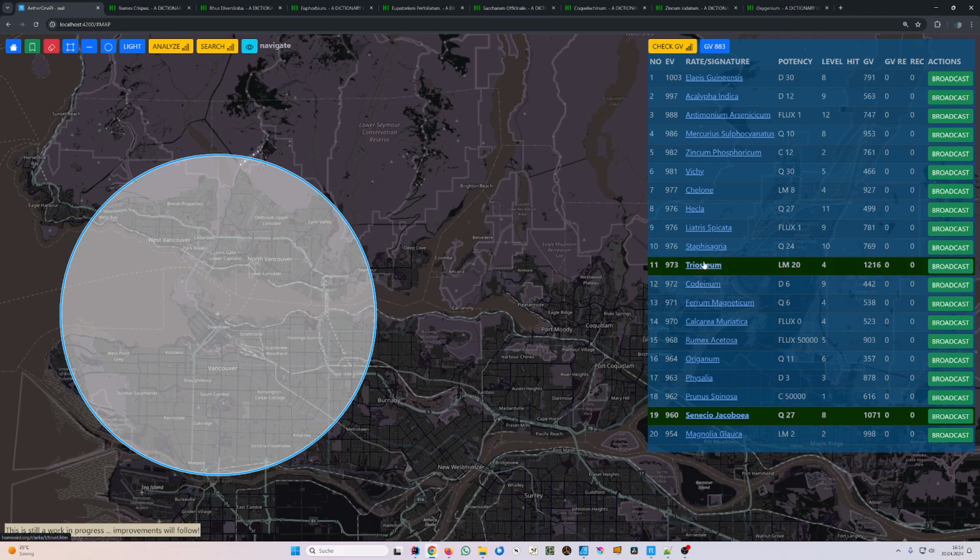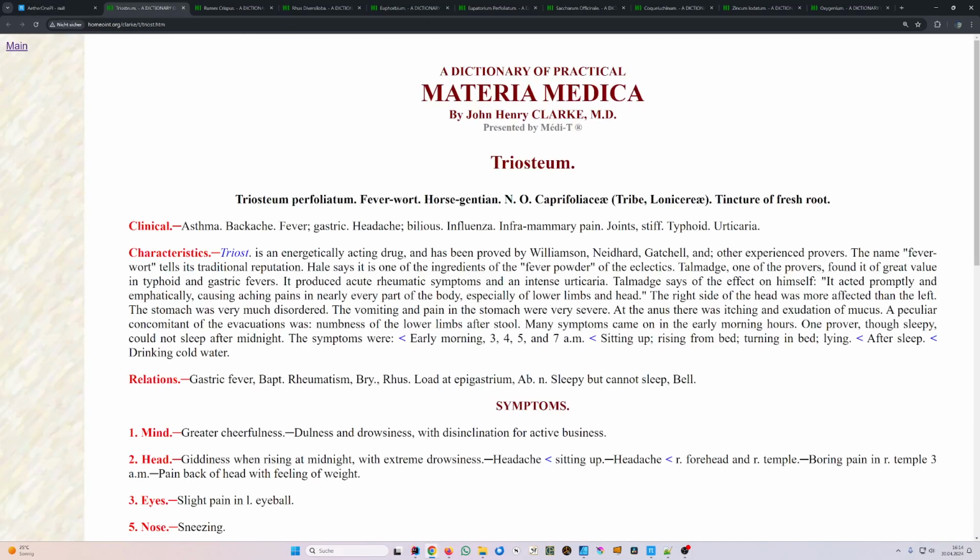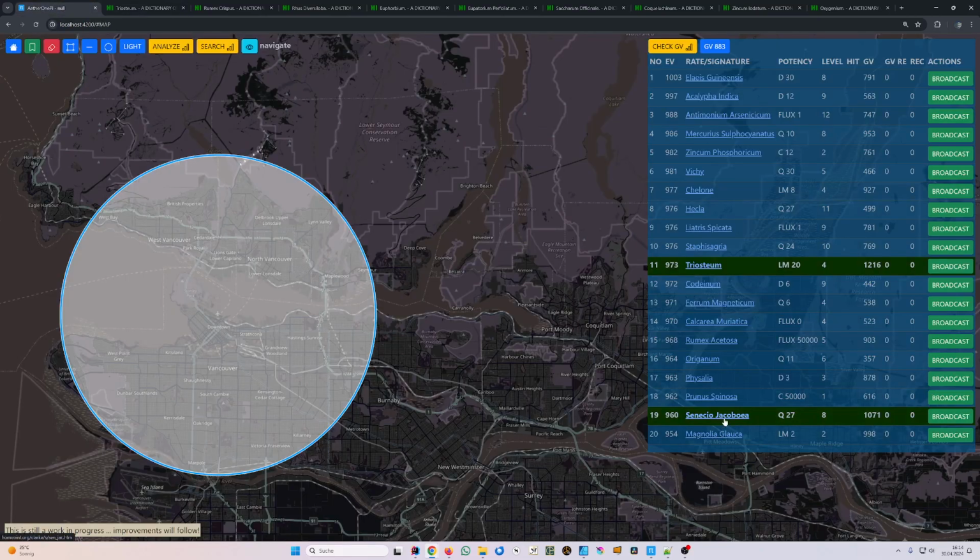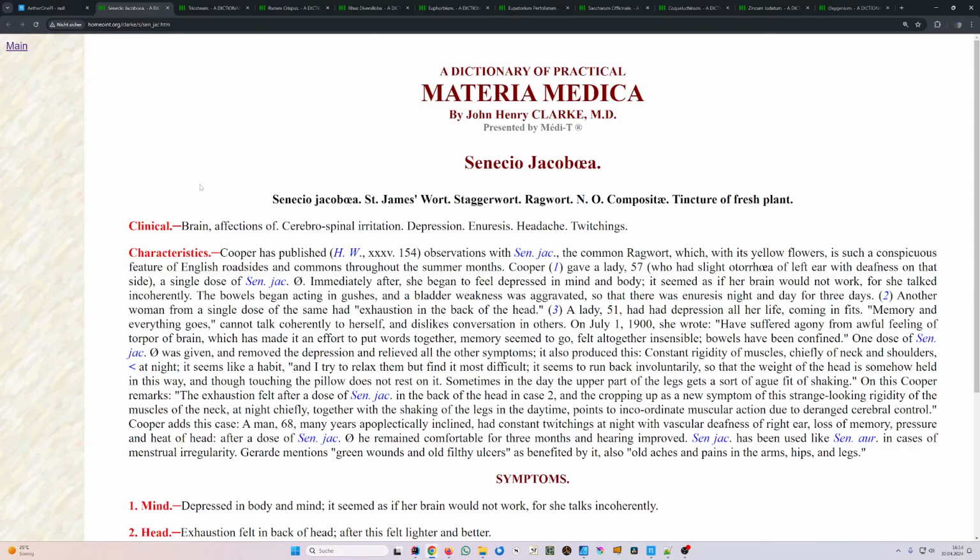All right. Triosteum, they have this problem too. Influenza. And Senecio, no influenza.